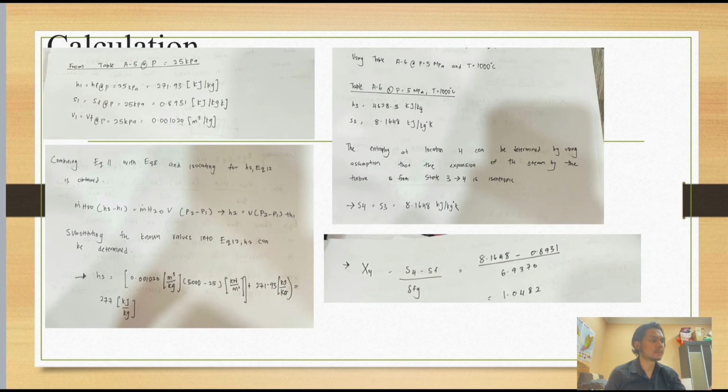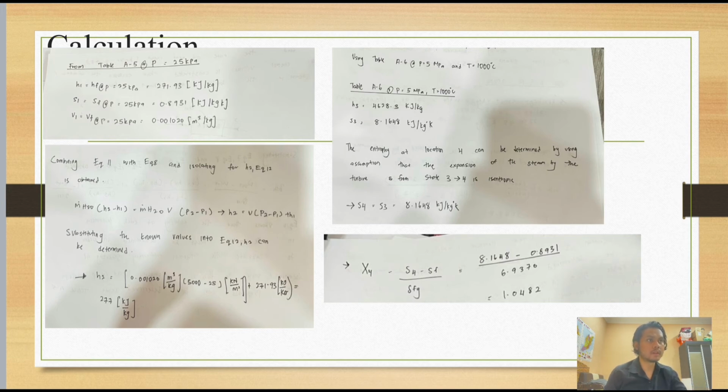This is the best part, the calculation. The calculation is a little bit, in fact far, different from the Brayton cycle. For the Rankine cycle, we do not use table A17 like the previous calculation.